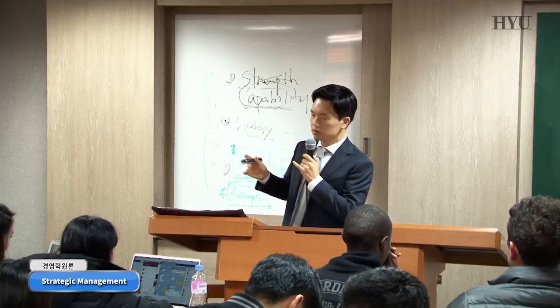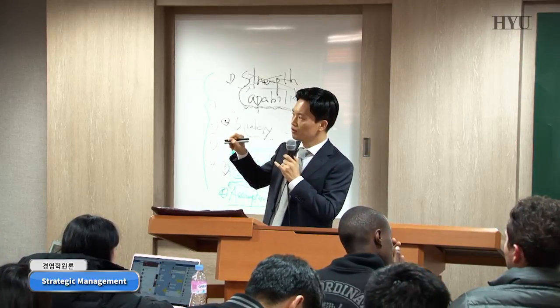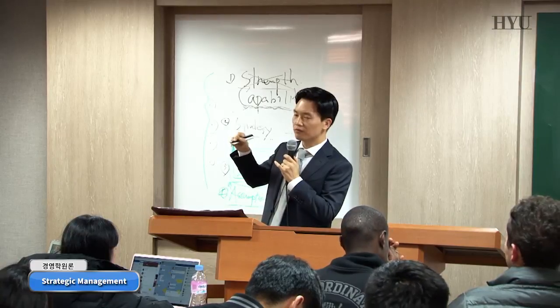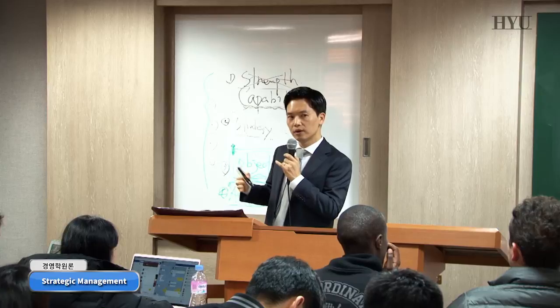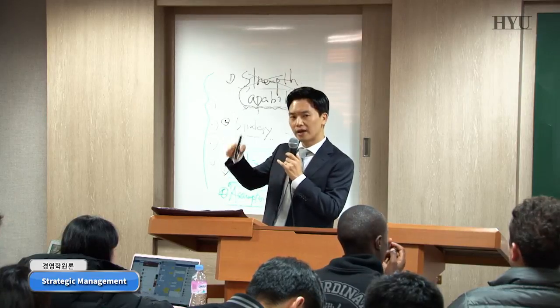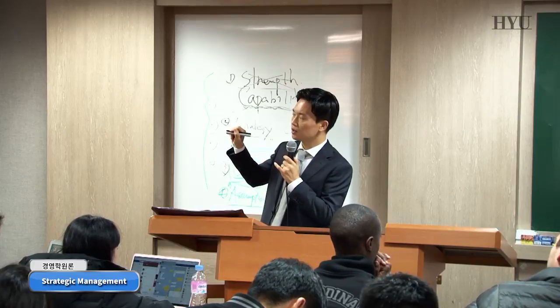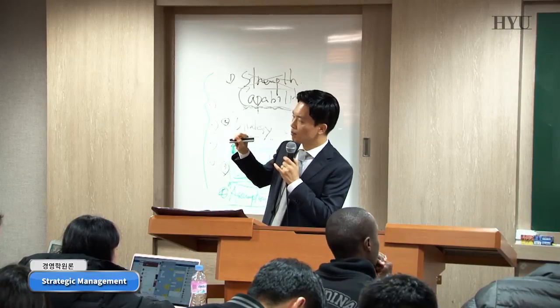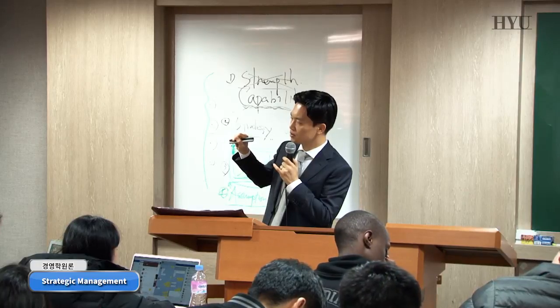So the value chain, right? Value chain means that by moving from one cell to the other, the value is added, right? And those added values are connected, so that's why we put chain. By moving from here to there, the value is added.